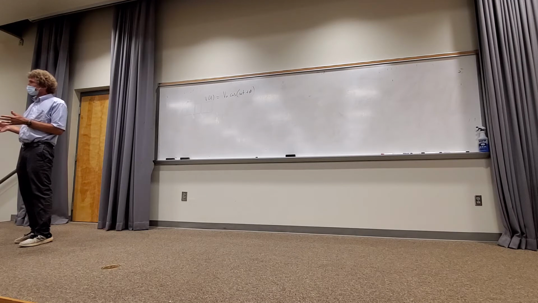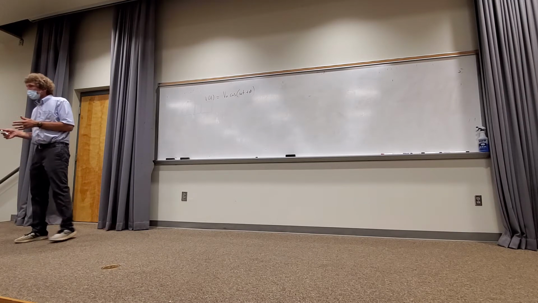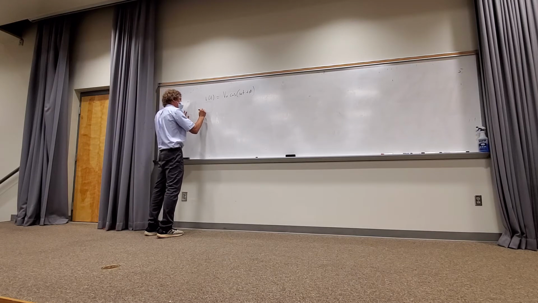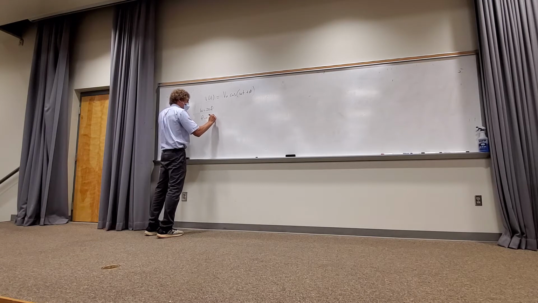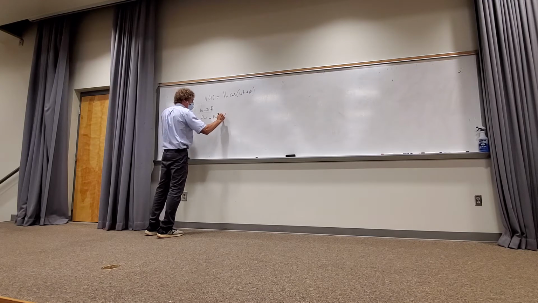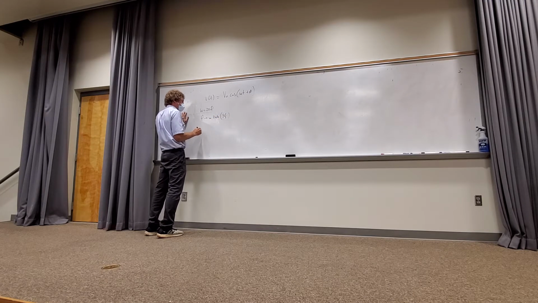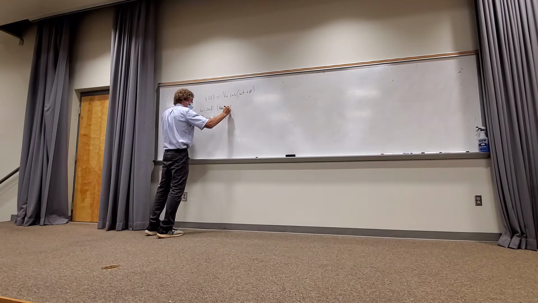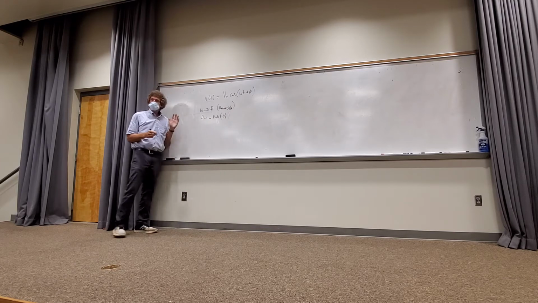It's a cosine variation. Omega is called the radian frequency, and omega is 2 pi f, where f is the frequency in hertz, or 1 over T, 1 over the period of the waveform, and omega is in radians per second.